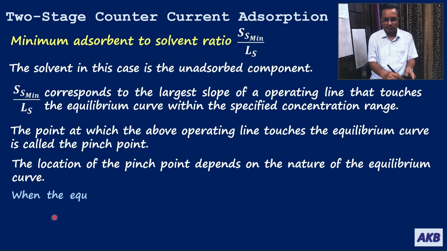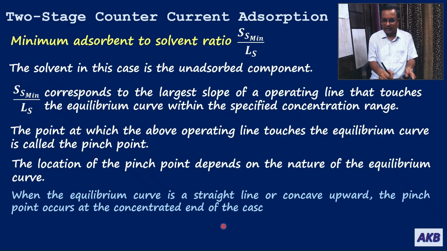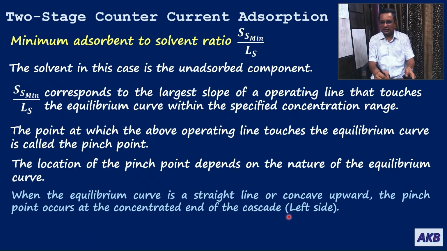When the equilibrium curve is a straight line or it is concave upward, the pinch point will occur at the concentrated end of the cascade, that is the left side of the cascade. I will show that shortly.